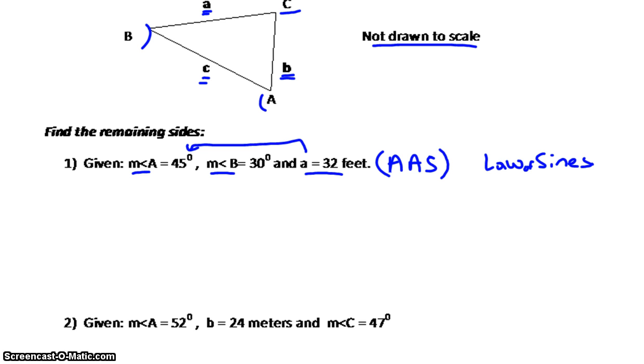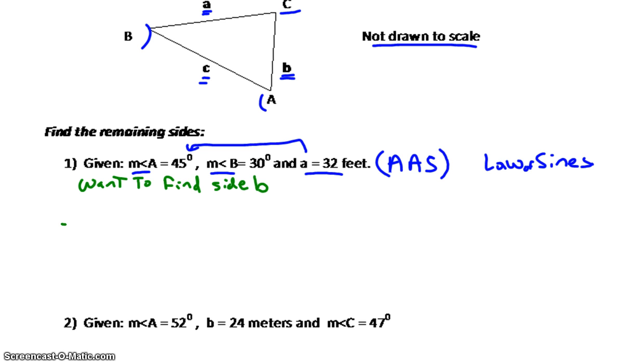that we're using the law of sines. Now, when working with this, notice that I'm going to want to find, in this case, side b. Because I'm trying to find side b, I'm going to want the letters or variables that represent the sides in the numerator and then the angles in the denominator.